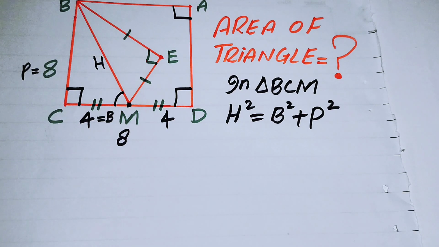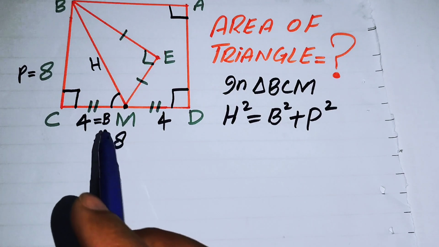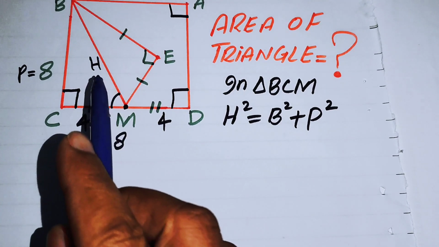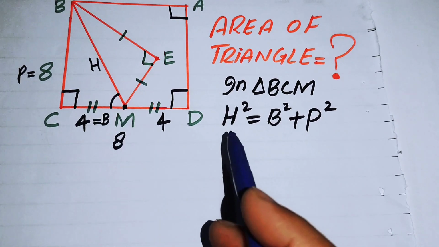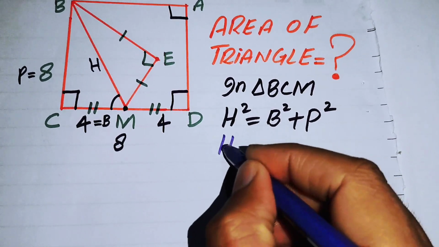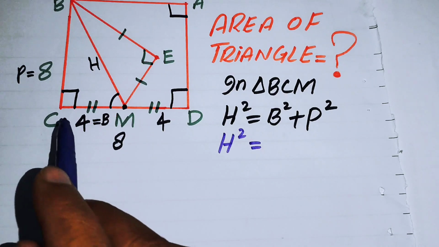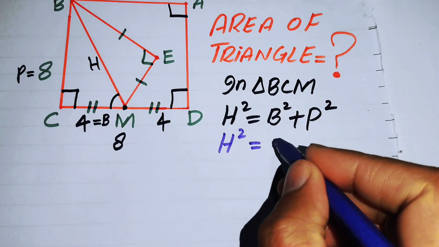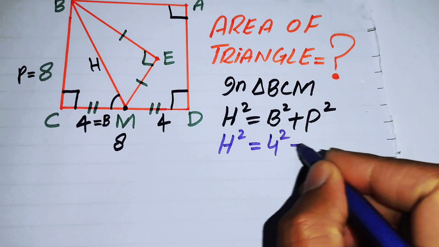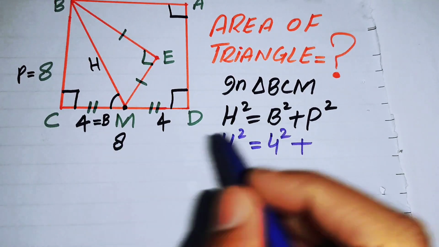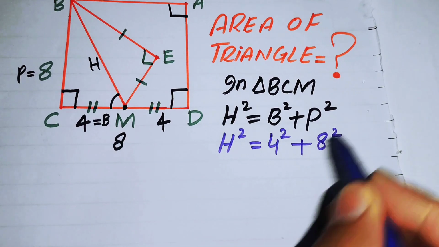So now if you focus on this figure, we find the value of h, which is the hypotenuse, and it equals base square plus perpendicular square. Here our base is CM and it is 4, so you obtain 4 square plus perpendicular is 8, so 8 square.